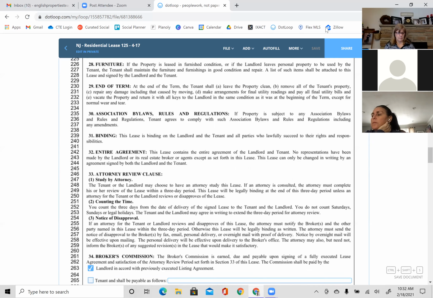So they can't destroy the couch that isn't technically their personal property. If something happens, say there's a tear, then they're responsible for fixing that tear. Or if one of the legs on the dining room chair breaks, they're responsible for fixing that, because they're being supplied that by the landlord the same way they're being supplied the property. So they have to take care of it.